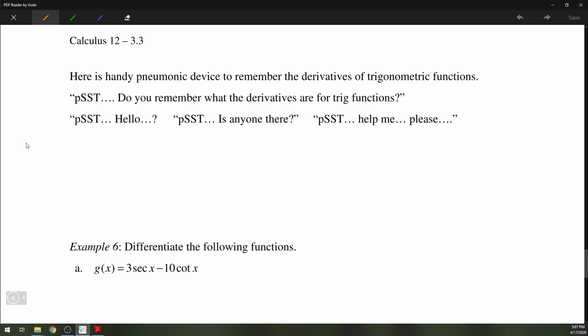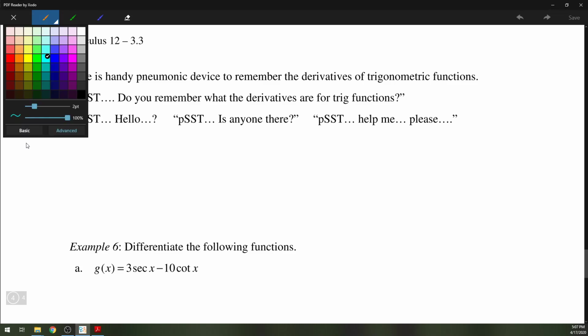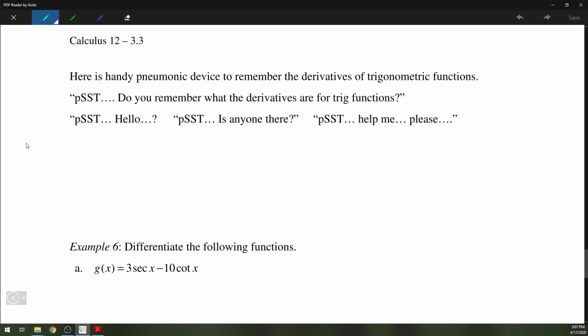Well, if you line these up correctly, the derivatives and the original function, we have y equals secant x, and its derivative y prime is equal to secant x tangent x, and also the derivative of tangent x is equal to secant squared x.